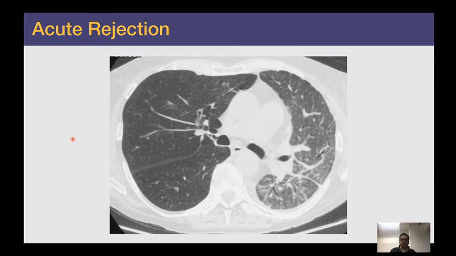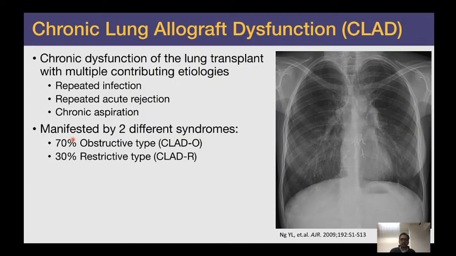So if you see bilateral interlobular septal thickening, that's more likely going to be pulmonary edema. Whereas if it's only affecting the transplanted lung, unilateral, then that's more likely going to be an acute rejection.